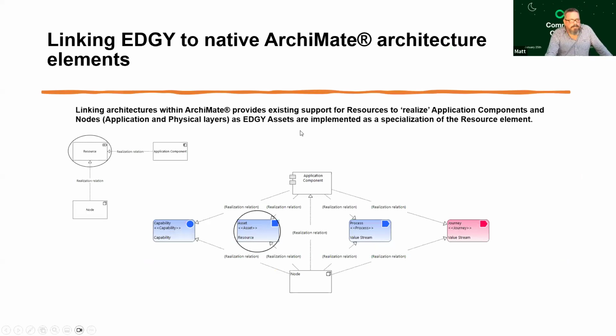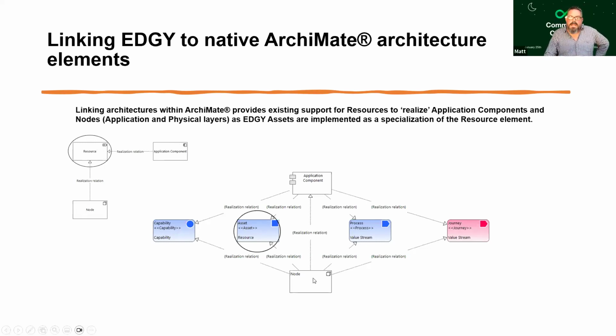Okay, linking. Because an EDGY asset, let's use this example, is based on a resource object within the ArchiMate language, a node is able to realize a resource. Similarly, an application component can realize a resource. ArchiMate guys, I know you know this.